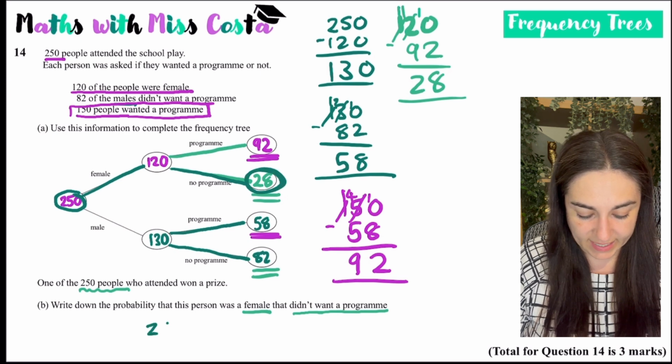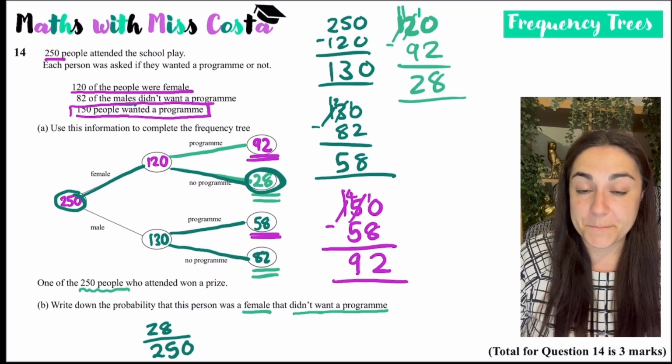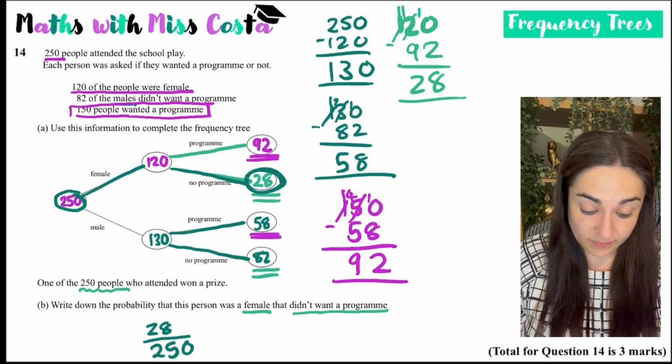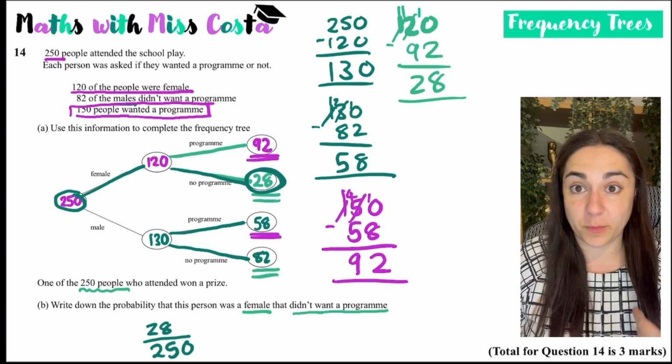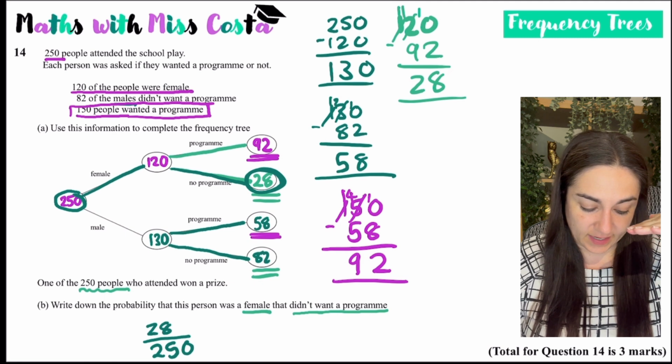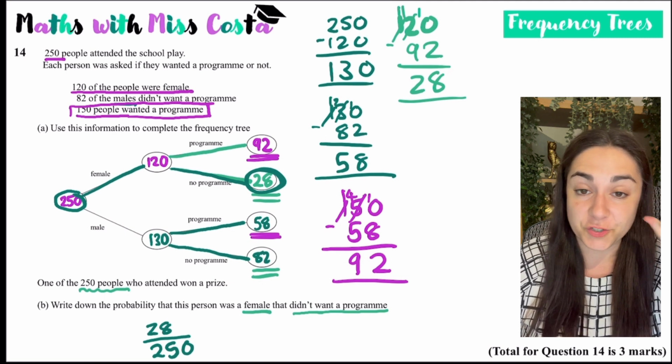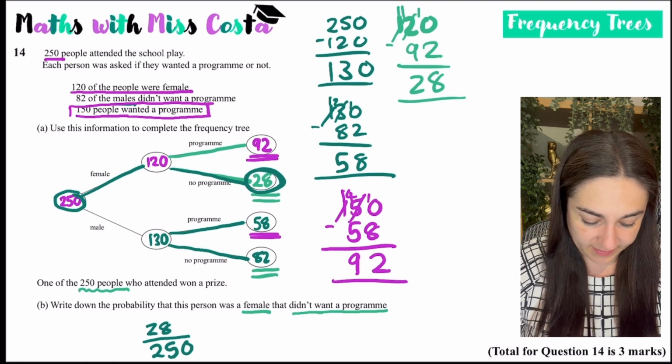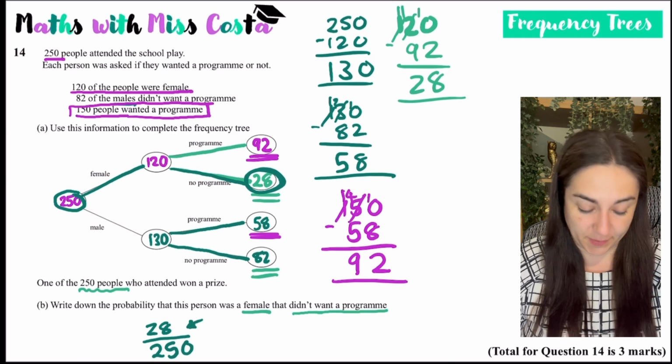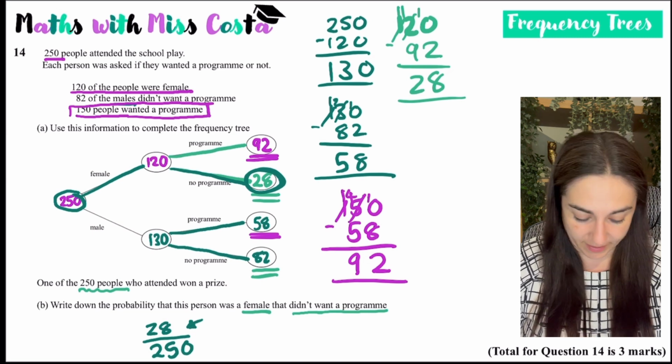So 28 out of the total 250 people, that would be the probability. The way you do probability is the denominator is always the total, and then the numerator is your chosen thing. So in this case, female, no program.